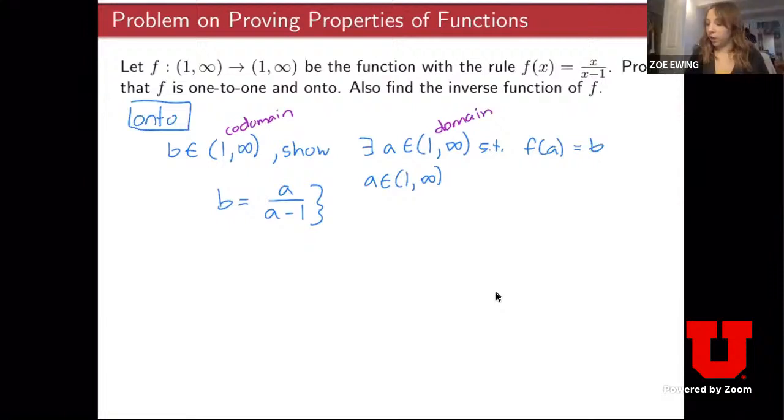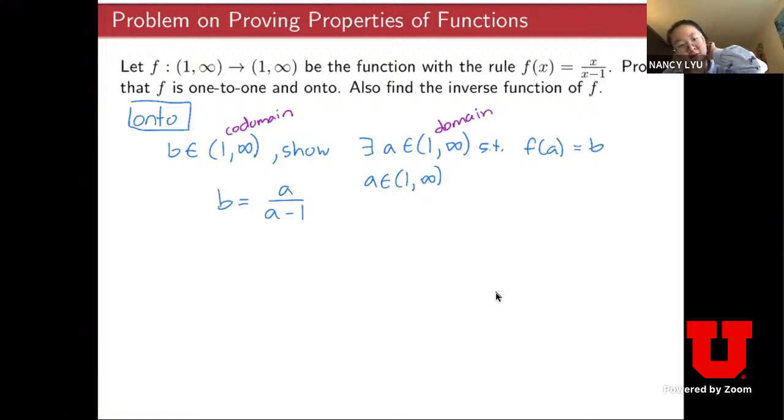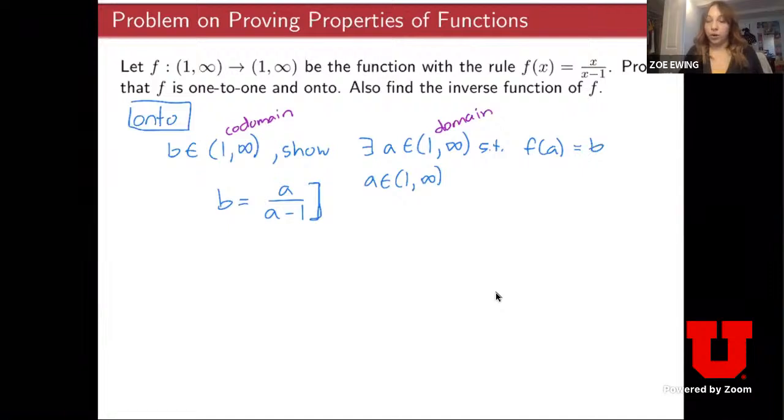So we don't want to assume that, sorry, this is given. So we really want to show that this is a real number. So in order for it to be a real number, we would have to have a minus 1 greater than 0. Yes, otherwise we would have issues. So that also means that a is greater than 1.